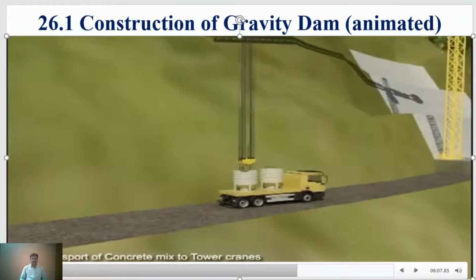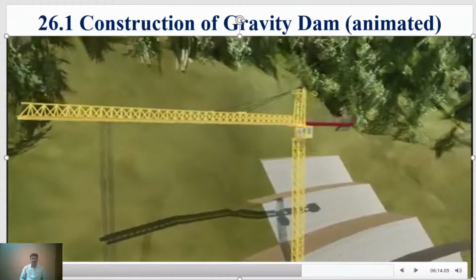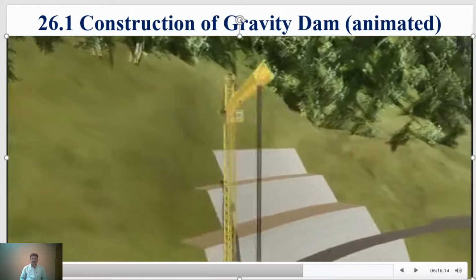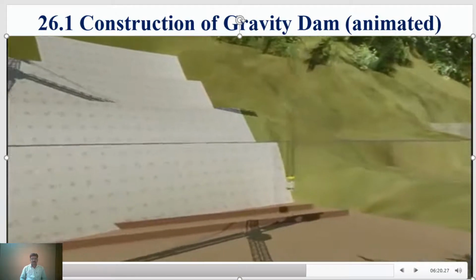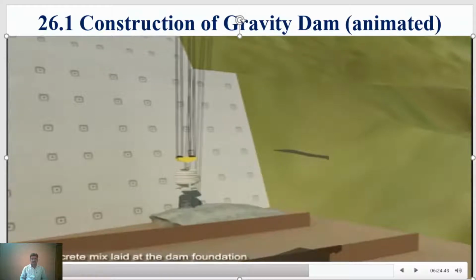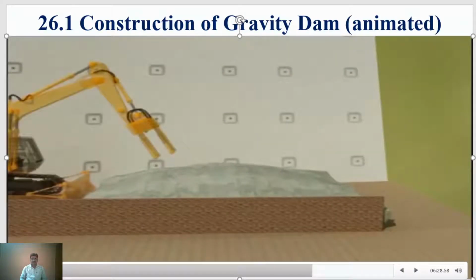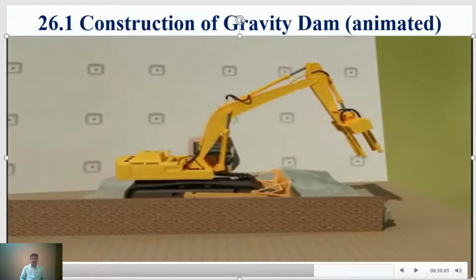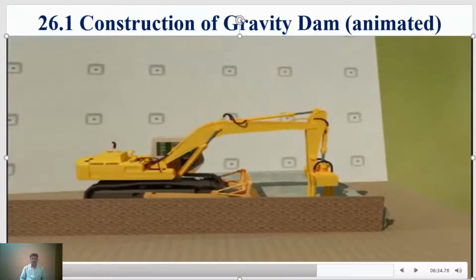The crane keeps down an empty bucket, picks up the loaded one, and delivers the concrete to the desired location of the concrete fill that is demarcated by steel shuttering. A concrete vibrator is used to ensure that the pour is even and free of air bubbles.